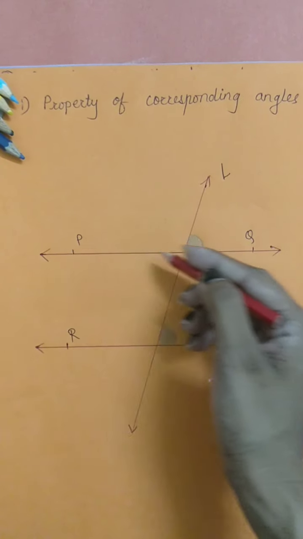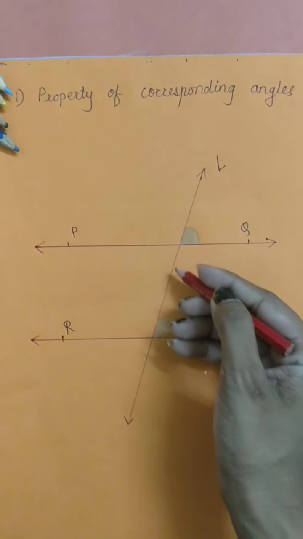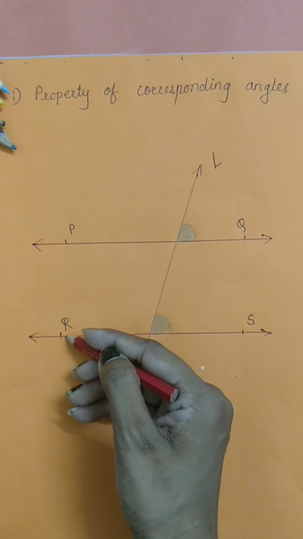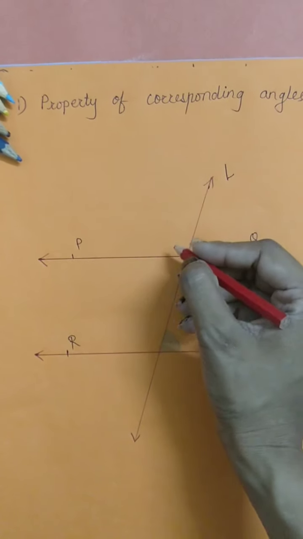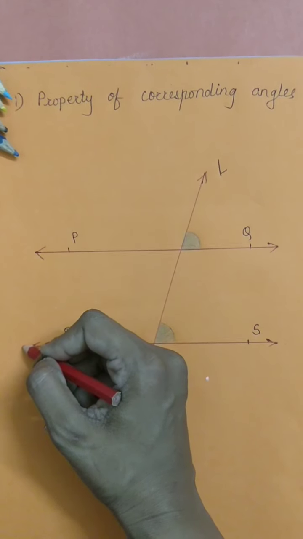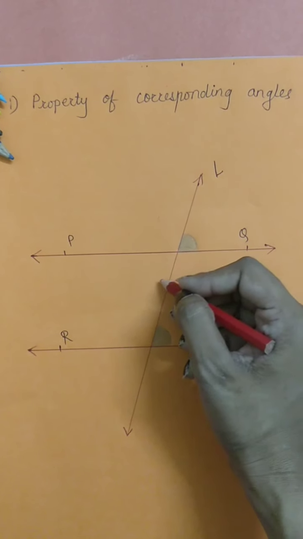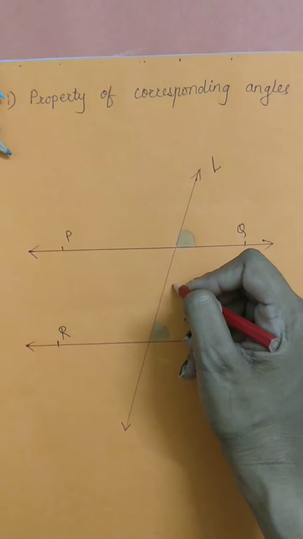Therefore, let's talk about this angle and this angle. So their one arm is going in left side and the other arm is on the transversal but also going in the same direction.